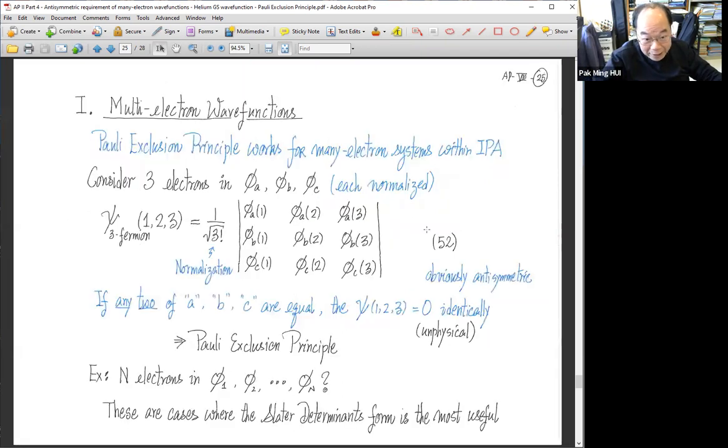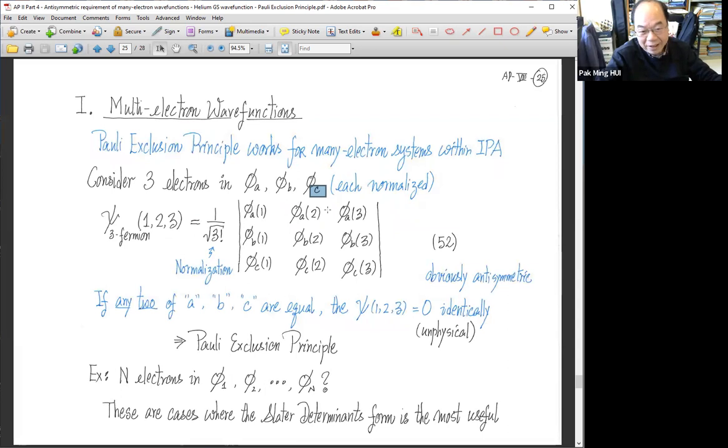What am I saying? Now you can think of a lithium ground state, for example. A is 1s up, B is 1s down, C, let's say, is 2s up. So you have these three states. You have 6 terms, write it out, see whether you can factorize it into space part only or spin part only.